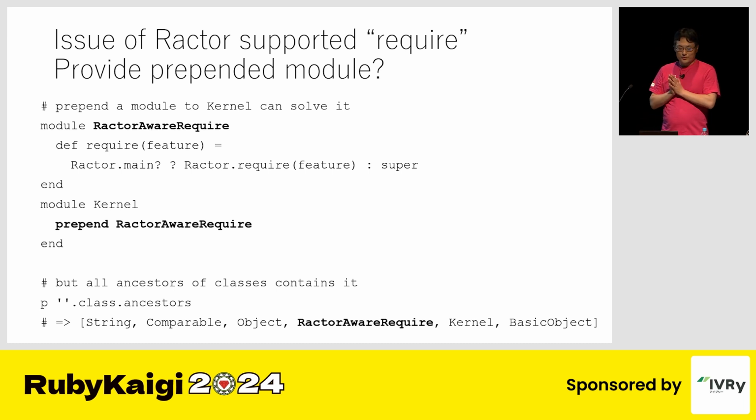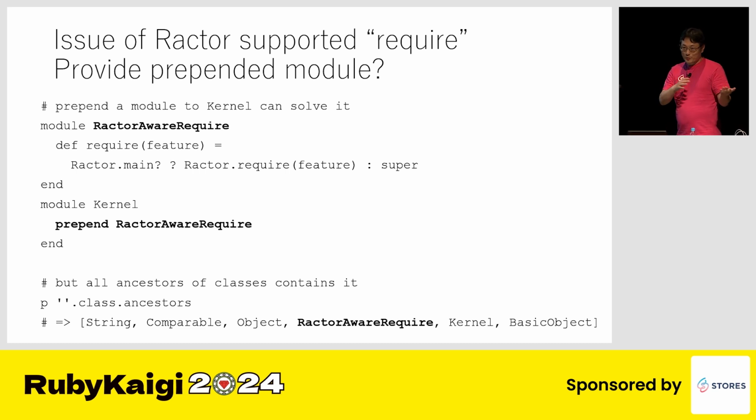So another solution is to introduce a new module to check such a guard, and prepend it to Kernel, a new Ractor-aware require module. It's fine because the prepended methods are called first.